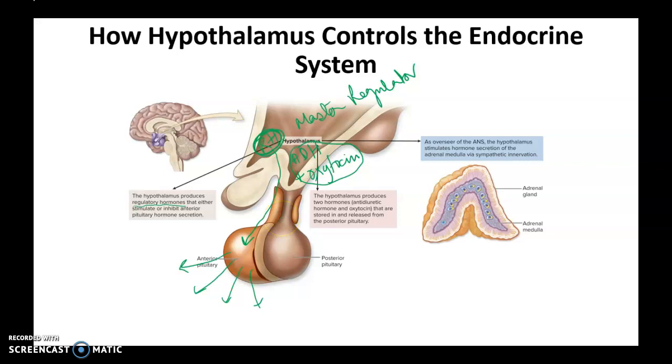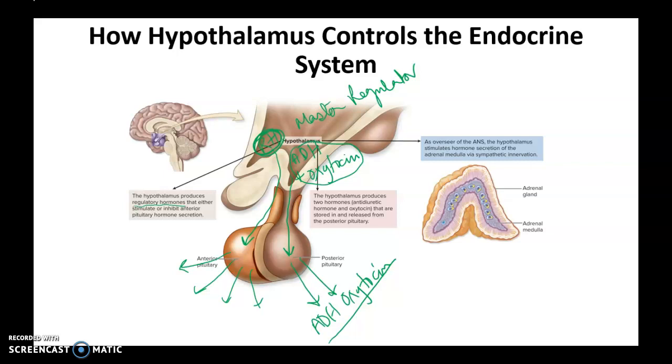Know that ADH and oxytocin are produced in the hypothalamus, and they are transported and stored in the posterior pituitary. Then, by appropriate stimuli, the posterior pituitary releases ADH and oxytocin into the blood. They are stored in the posterior pituitary for future release. That's regulation number two.